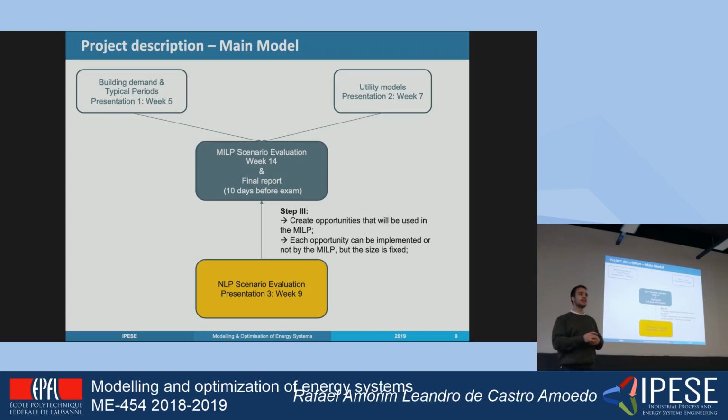You will tell the system that if it uses it, it should use it in that amount. So you won't optimize the NLP part inside the MILP part, otherwise you get lost forever. You say that the opportunity is this, and the system will choose to implement it or not.